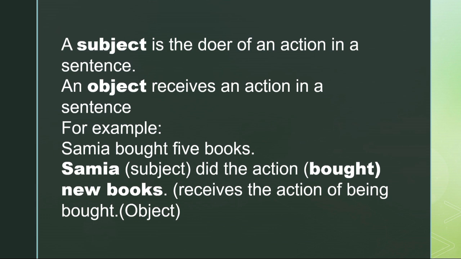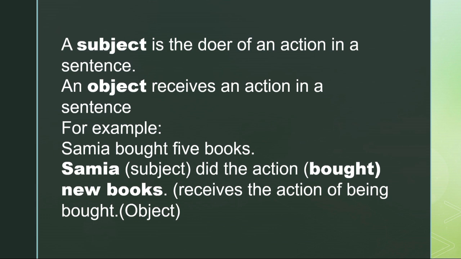And when it is used to receive an action, then that noun is referred to as an object. An object can either be direct or indirect. That means a direct object will receive the action directly, and the indirect object will receive the action indirectly. Save that for another class.